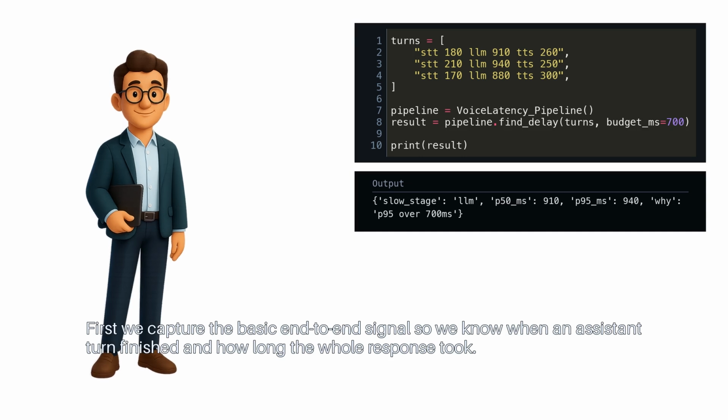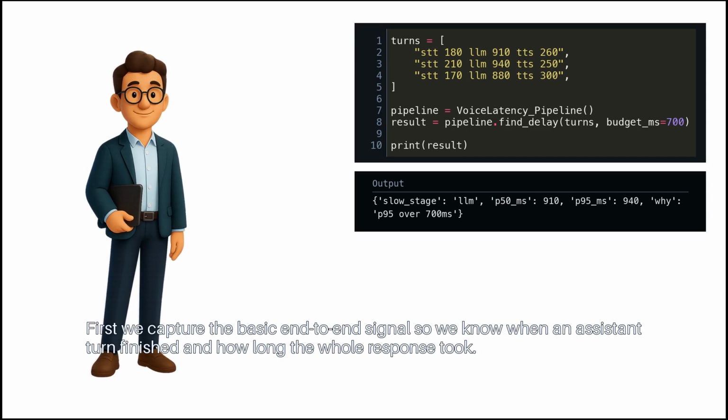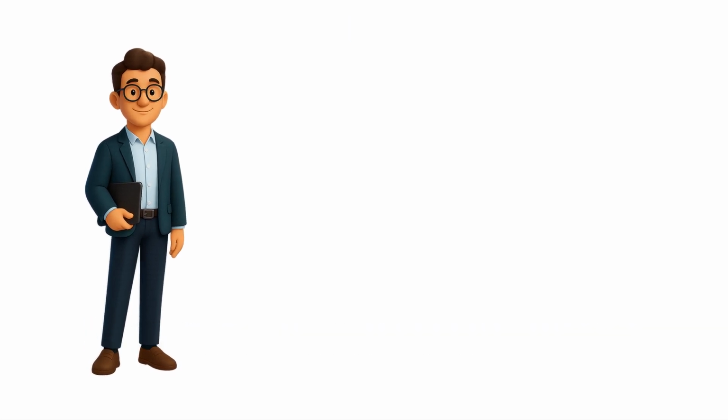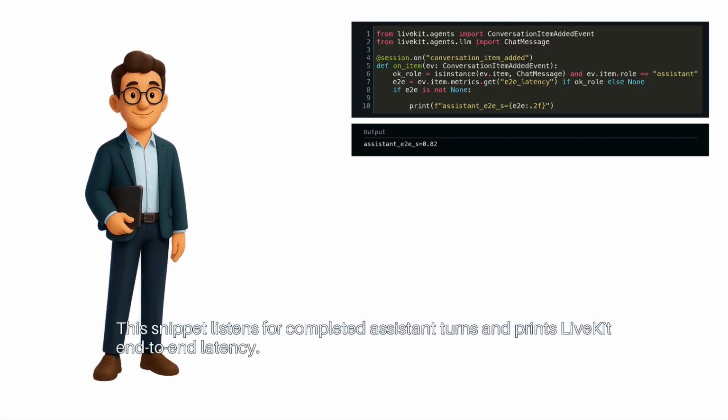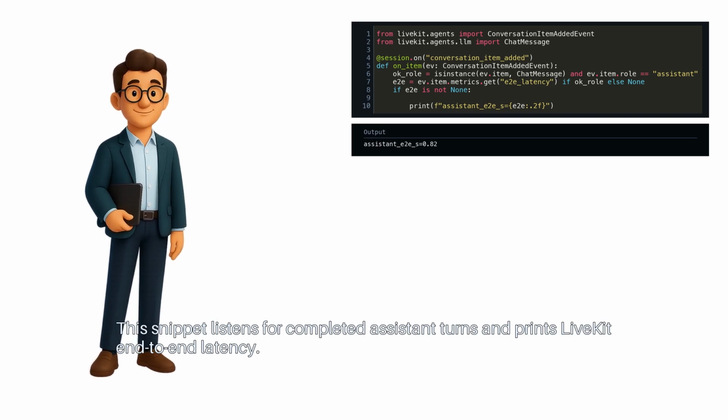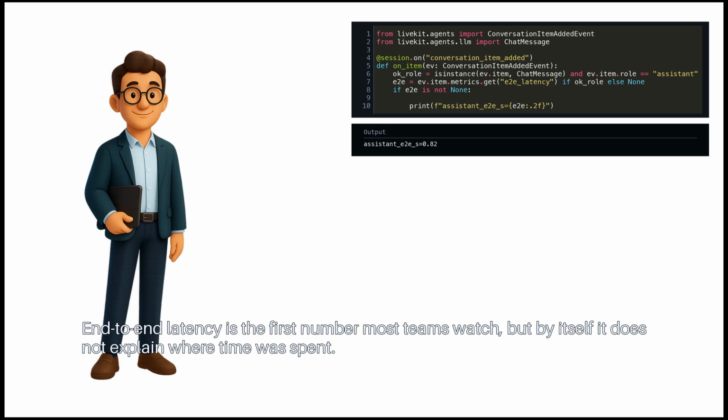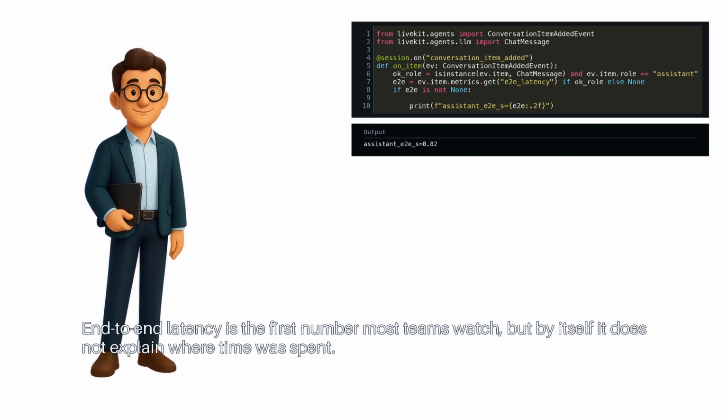First, we capture the basic end-to-end signal so we know when an assistant turn finished and how long the whole response took. This snippet listens for completed assistant turns and prints LiveKit end-to-end latency. End-to-end latency is the first number most teams watch, but by itself it does not explain where time was spent.